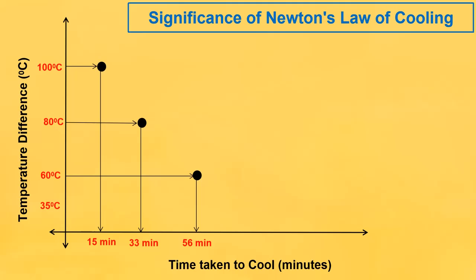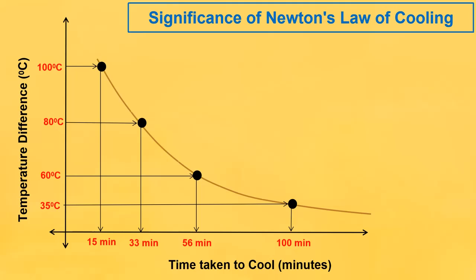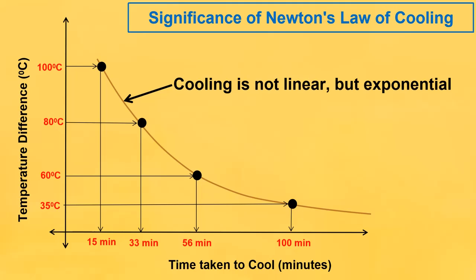And for our case, which is 35 degrees centigrade, the time comes out to be 100 minutes. Oh my God. If we join all those points, we see a curve, and this curve is not linear, but an exponential curve. This is a fantastic journey.